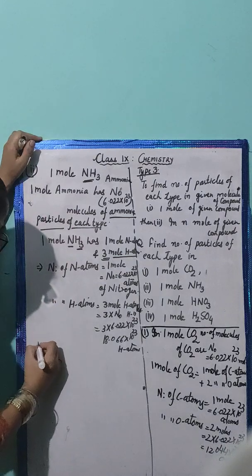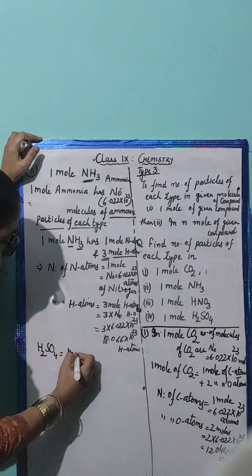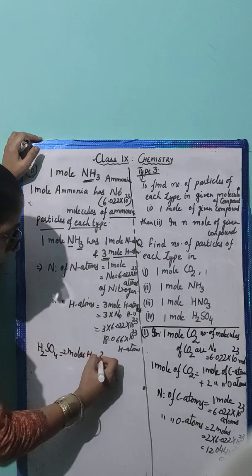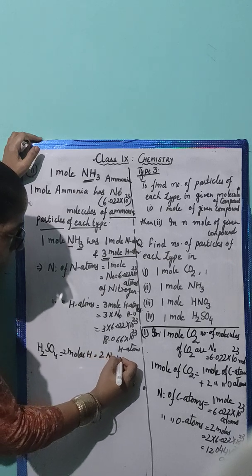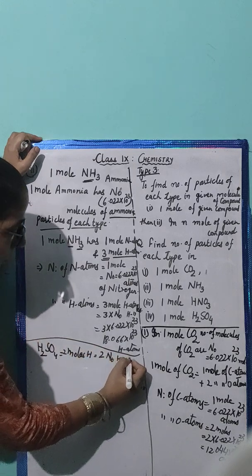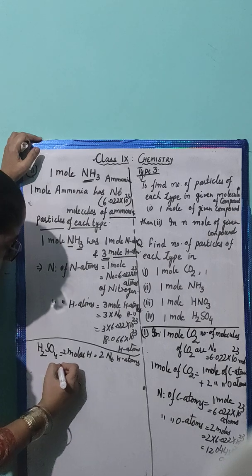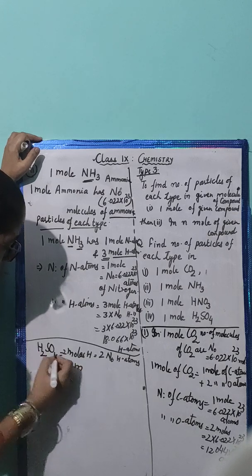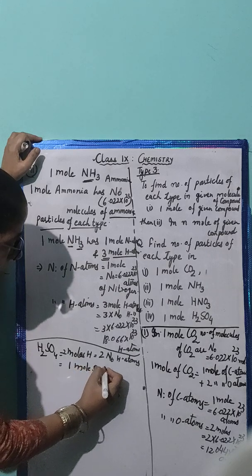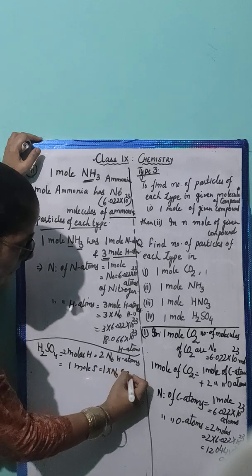Nothing is written with S, so 1 mole S means 1 into N naught sulfur atoms.